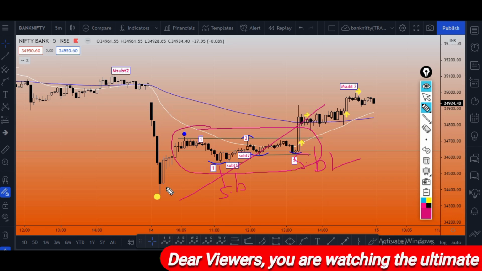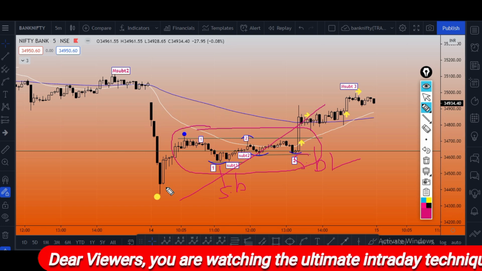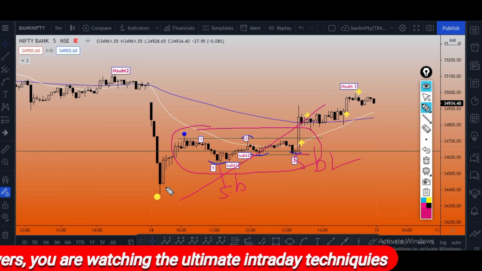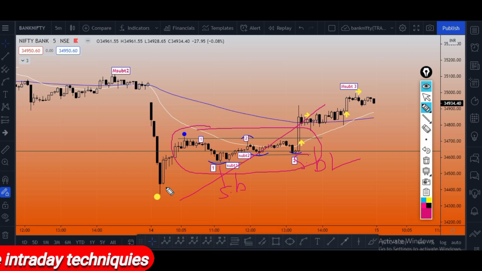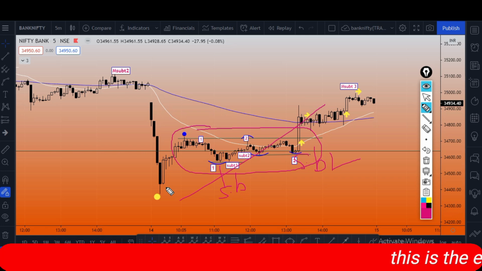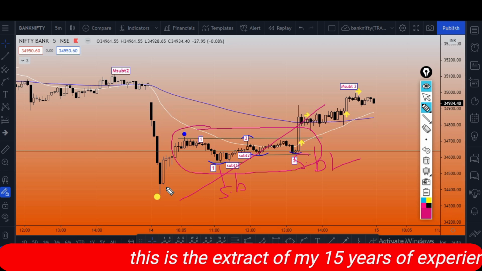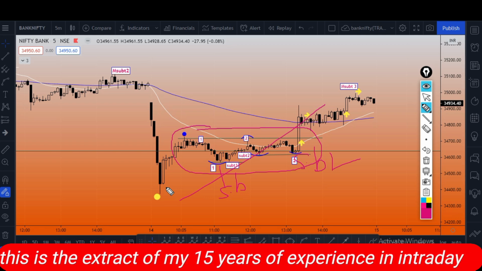Basically there are only two phases: either the move is reversal or the move is counter trend. In both cases the marking will work. You will not get confused. You will get your trade because of the guideline which I made and am proving to you.